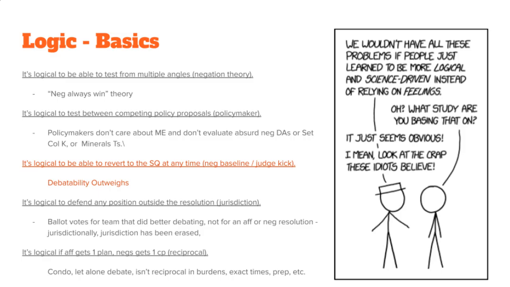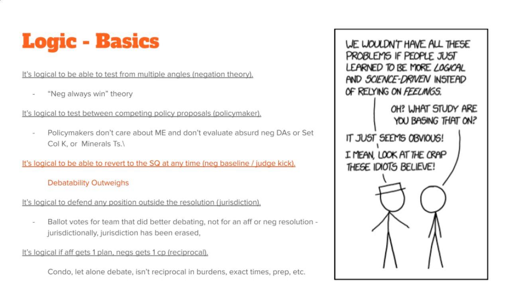Vice versa, you might hear something like it's logical to test between competing policy proposals, right? It's very similar to the one above, but it's like a best policymaker type justification for logic. And for this, again, policymakers don't care about debate. They don't care about mutual exclusivity. They put plan plus rider stuff all the time.